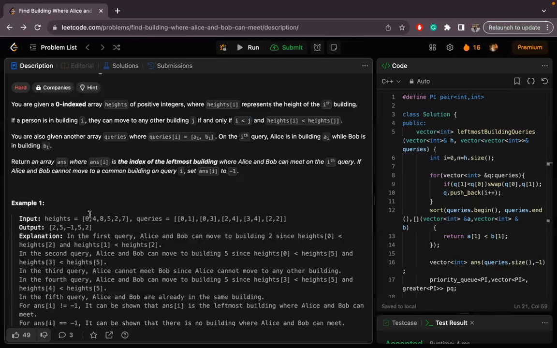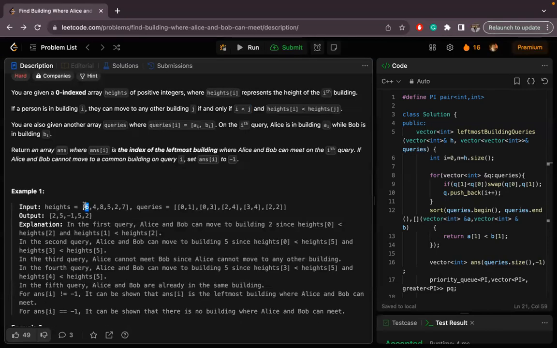For example, if Alice is at the 0th index and Bob is at, let's say, the first index, can they meet at the 0th index? No. Why? Because from the first index you cannot move to the 0th index. You cannot move to a lesser index. Always j has to be greater than i.